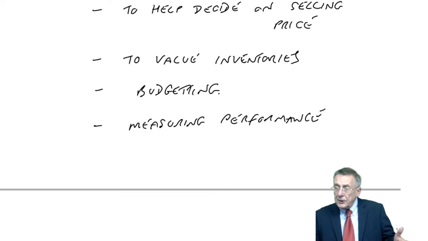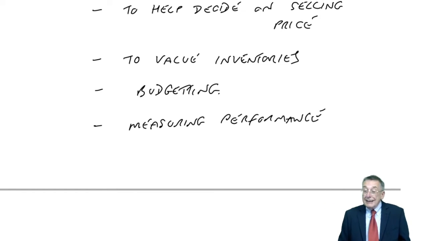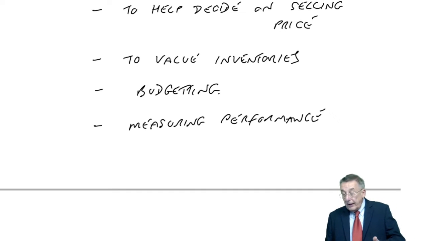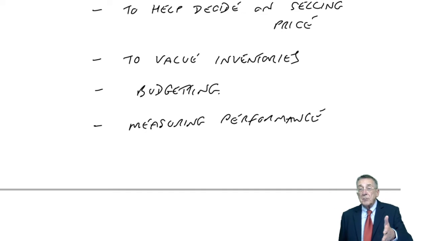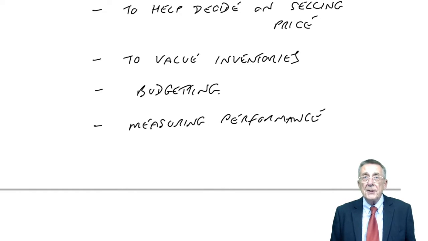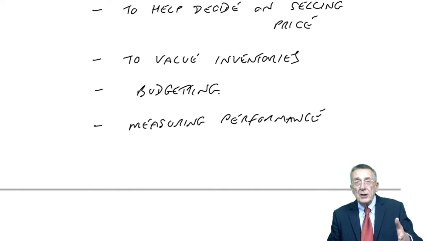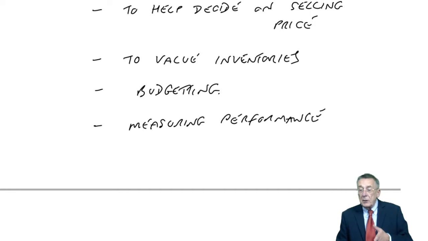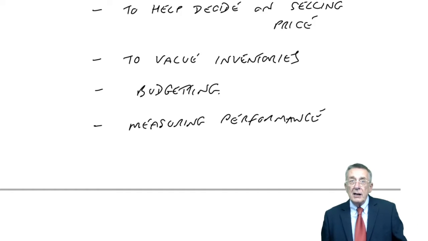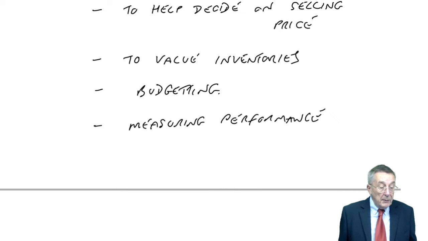But if I've estimated each desk should cost 20 to produce, and I find out it's actually costing 25, clearly something's going wrong somewhere, and we'll investigate. Am I spending too much on the wood? Too much on the labour? It's a way I can measure how well my managers are doing, something to compare with. So there are several reasons why we're interested.